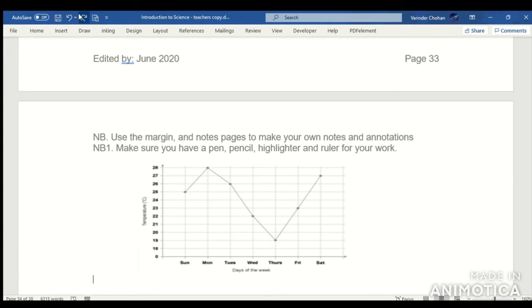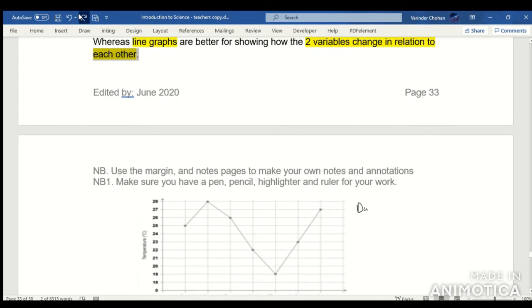Line charts are usually used to show variable data, and the data is usually continuous, which means there's no breaks.